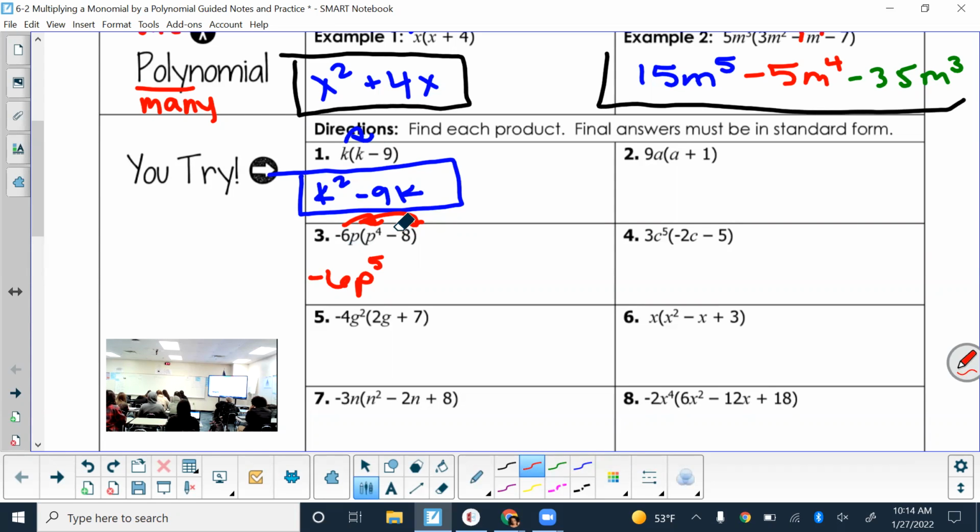All right, then the next term, coefficients, you just multiply like normal. What's -6 times -8? A +48. And don't forget, even if the 8 doesn't have a variable, this one does. So then you would just copy it over. P times 1 is P. All right, questions on number 3?